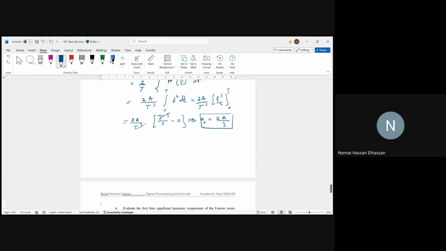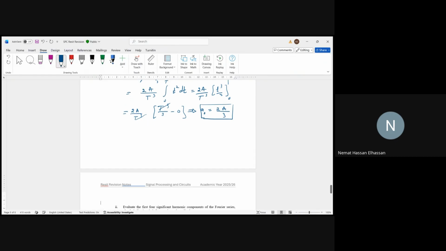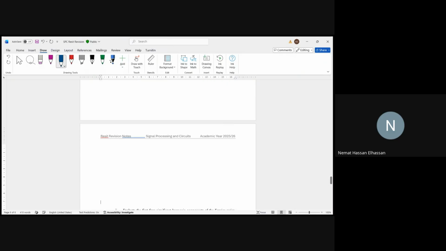The next one is a of n, and again, all we have to do is copy the formula for a of n, which states that a of n is equal to 2 over T, the integral from 0 to T of x of t cosine n omega naught t dt. But we know that omega naught is equal to 2 pi over the period.